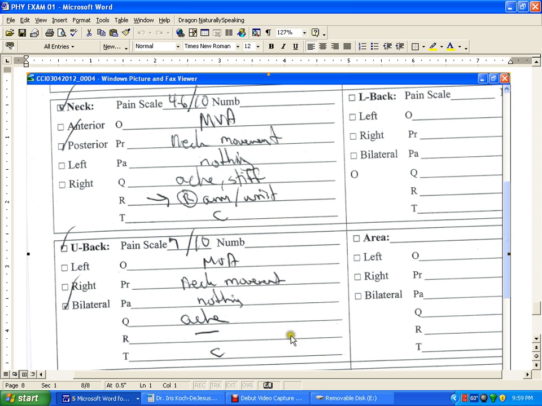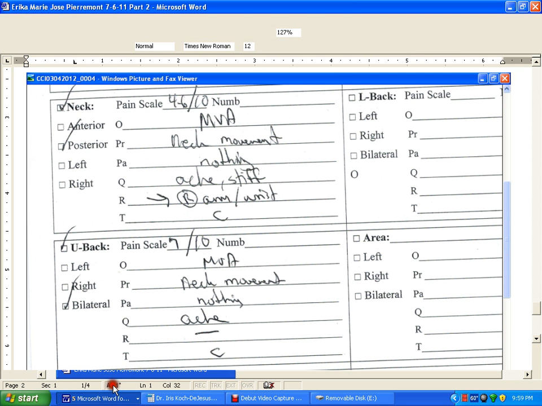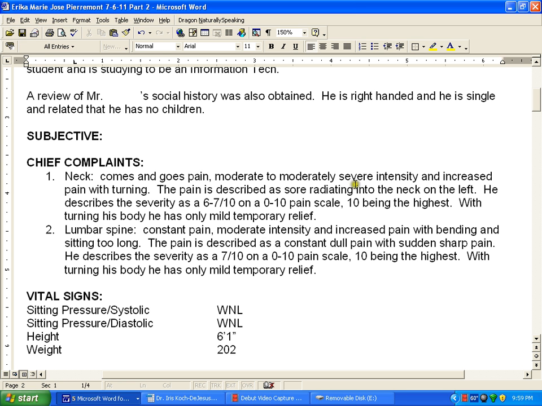Period. And then he describes the severity as a 7/10 on a 0 to 10 pain scale, comma, 10 being the highest.